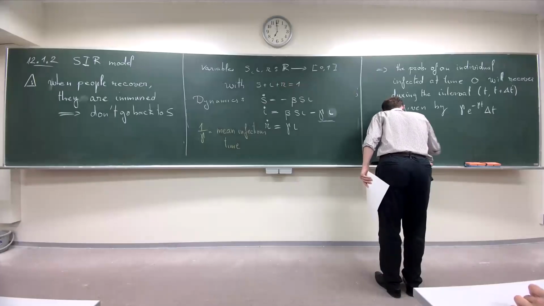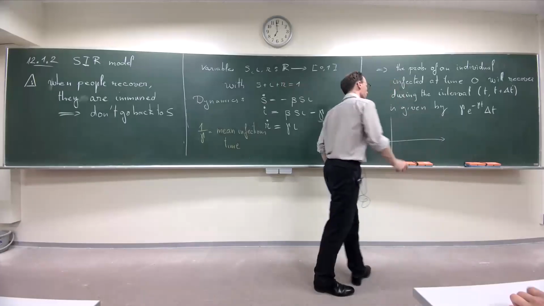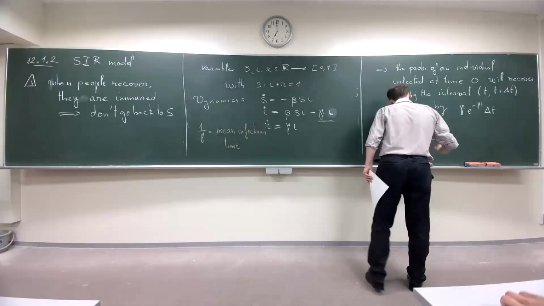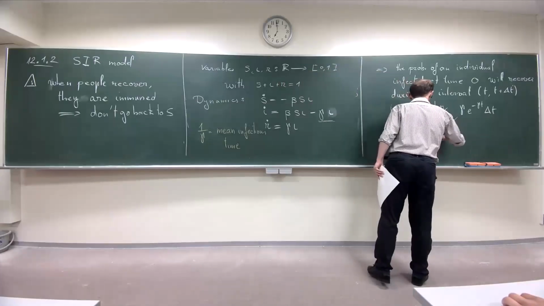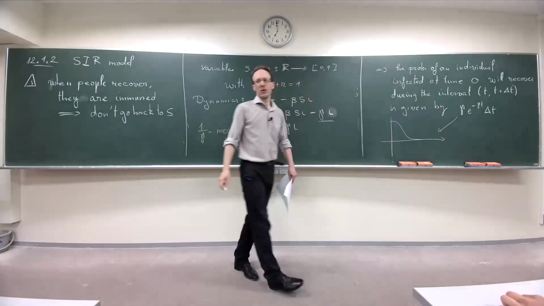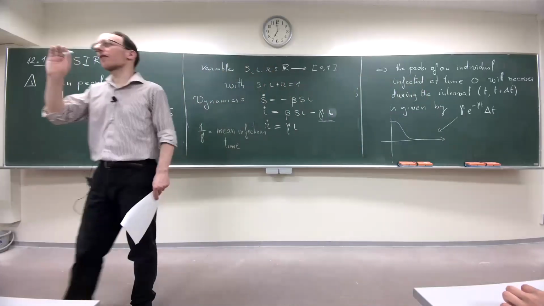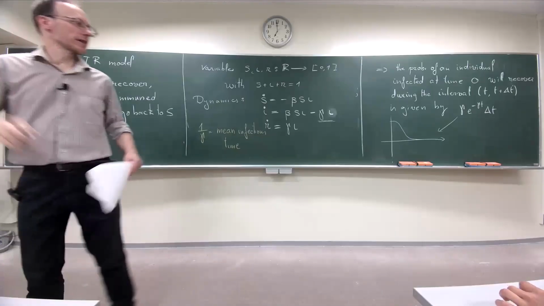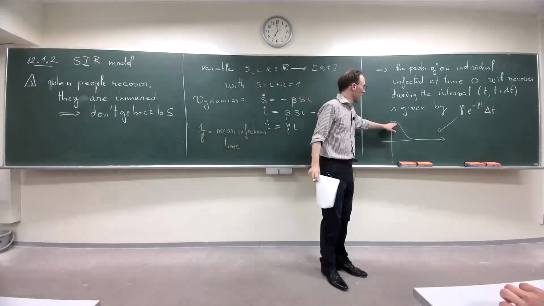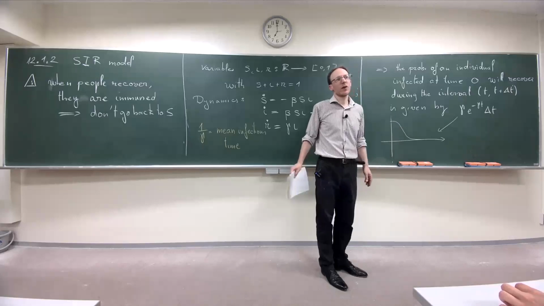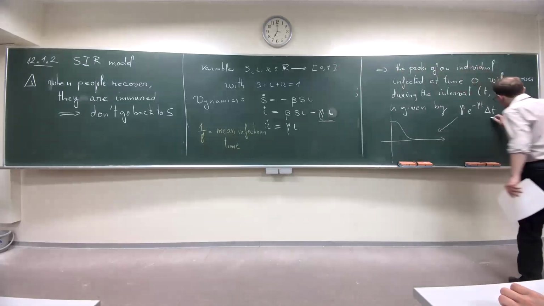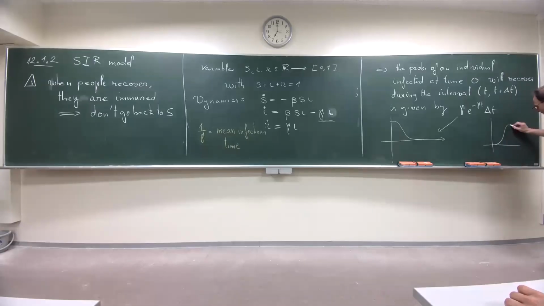And if you plot this function, it looks like this. You see the exponential decay. So what does it mean? It means that the probability you recover is the biggest one at the very origin, which is not very natural, because most probably if you get a cold, your probability of recovering should be like this.